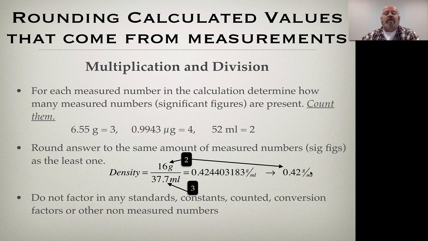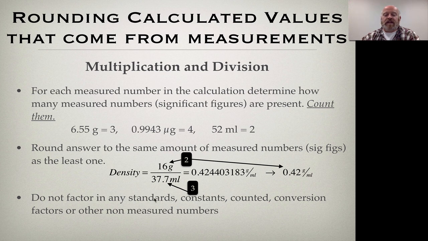Now, when you're working with calculated values coming from measurements, make sure you do not factor in standards, constants, counted values, conversion factors, or anything else that's not measured. If someone hands you $5.32, that's not really measured. That's money that you count, so you wouldn't round things based off of that number.